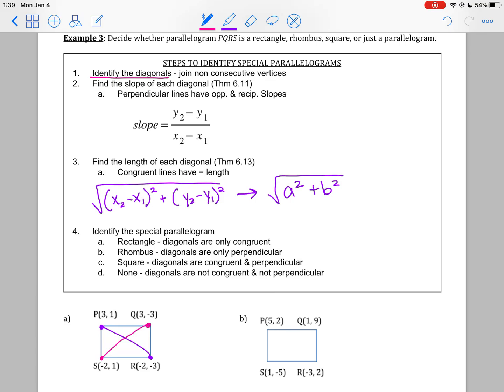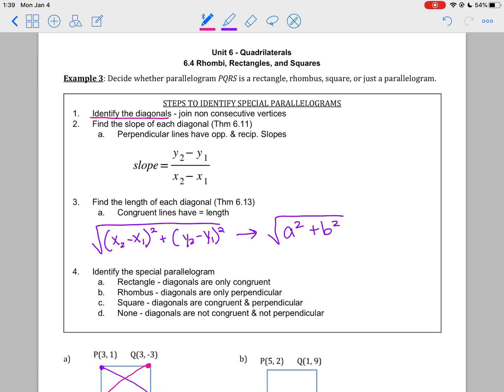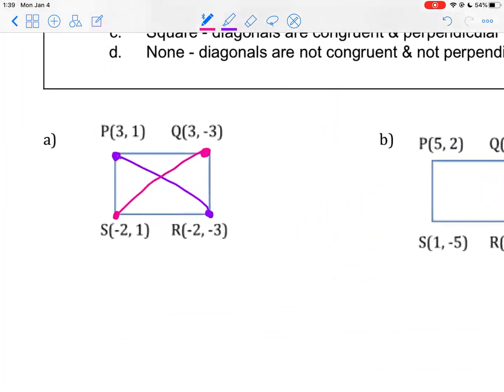The next thing is I'm going to find the slope of each diagonal, and that's going to lead me to Theorem 611. Theorem 611 said that in a rhombus, the diagonals are perpendicular. So if I get perpendicular lines, then that's going to make it a rhombus. So I'm going to use my slope formula, and I'm going to look for opposite and reciprocal slopes.